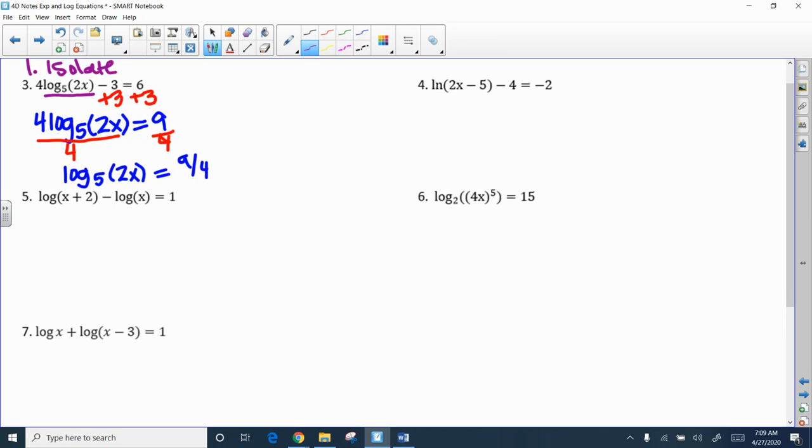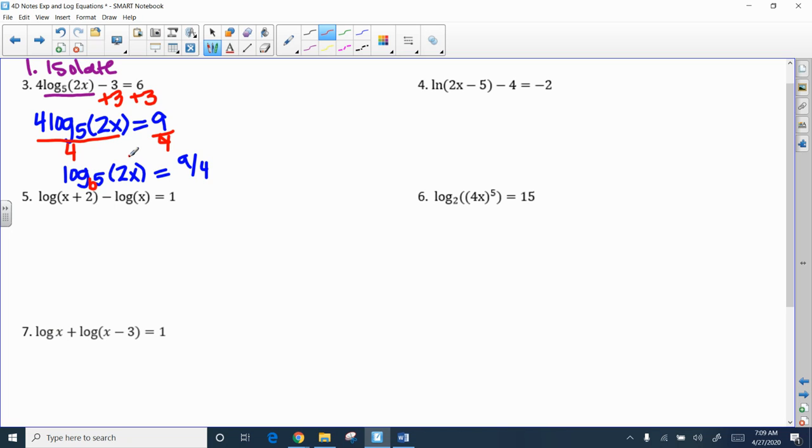Step 2, we could either change to exponential form or exponentiate both sides. I'm going to go ahead and change to exponential form. That's the only way to get rid of a logarithm, is to change to exponential form or exponentiate, because we're trying to get rid of the logarithm and get the 2x part by itself. If I change to exponential form, this is the base.